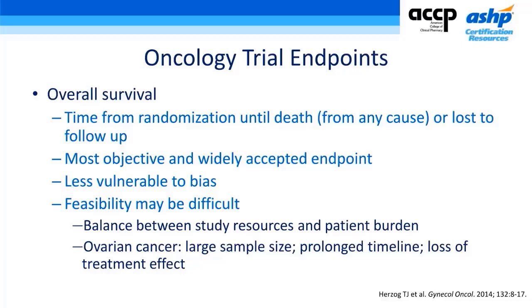It could be expensive to keep the study open for whatever the set amount of time was for this study. So for example, for ovarian cancer, you need a large sample size, you have a prolonged timeline, and potentially loss of treatment effect over that timeline when using overall survival as your primary endpoint.